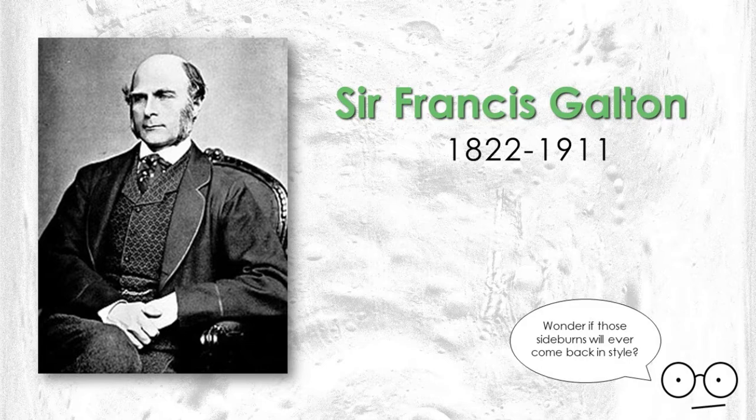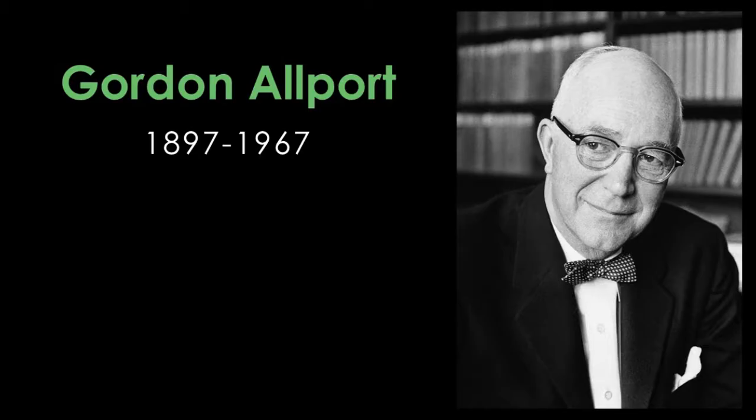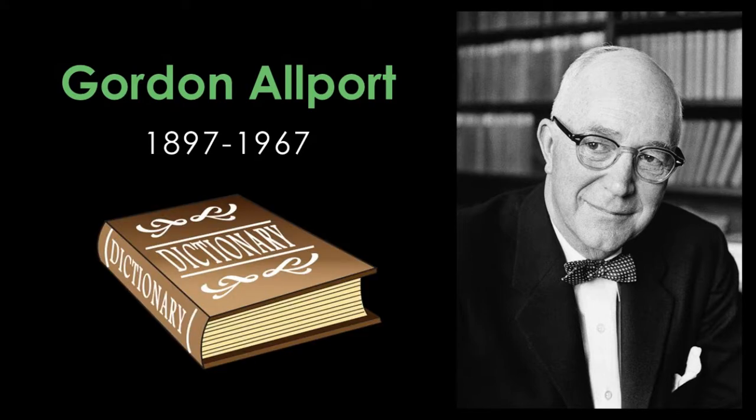So many years later, in 1936, Gordon Allport decided he would test Galton's hypothesis, and he went to basically a dictionary, the dictionary of the time, and he pulled out over 18,000 adjectives that he felt were related to personality traits.